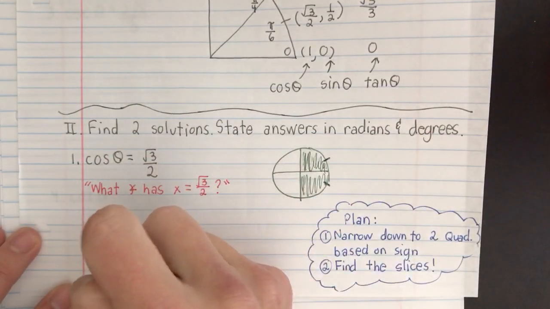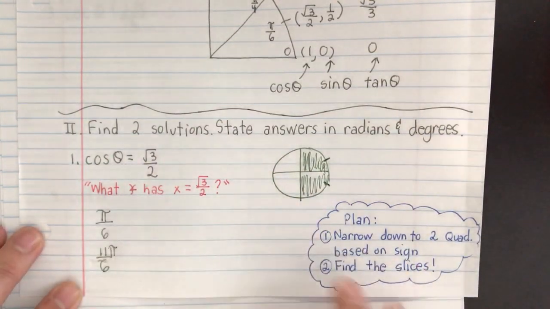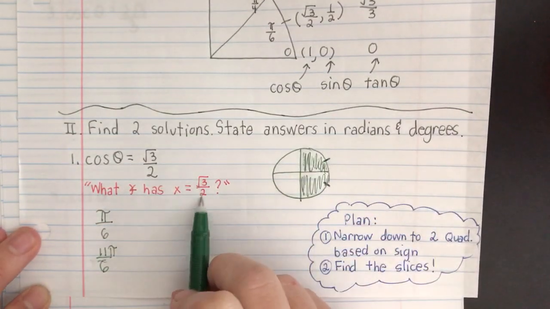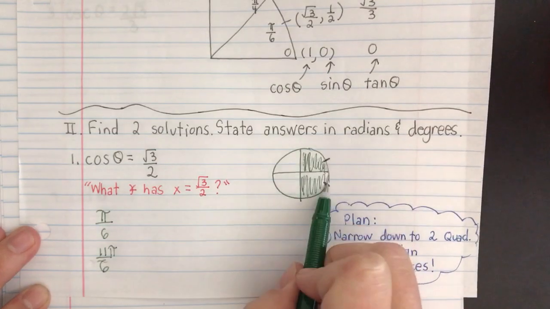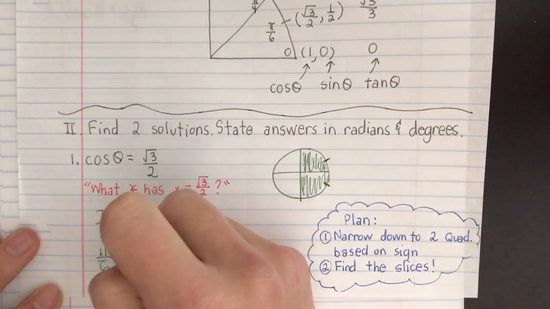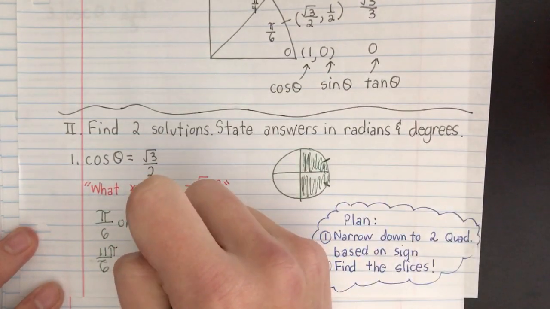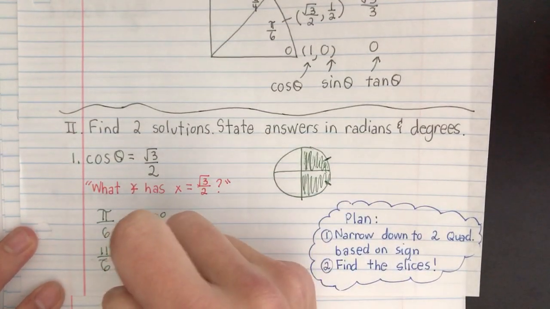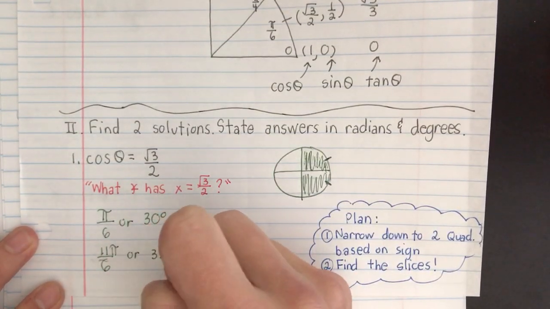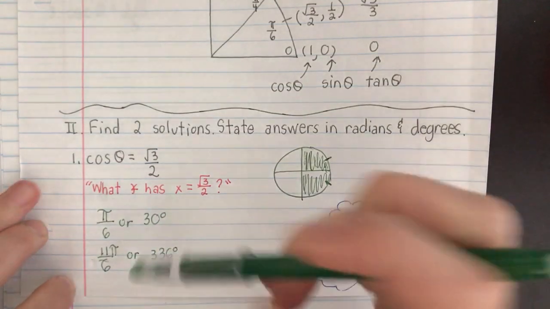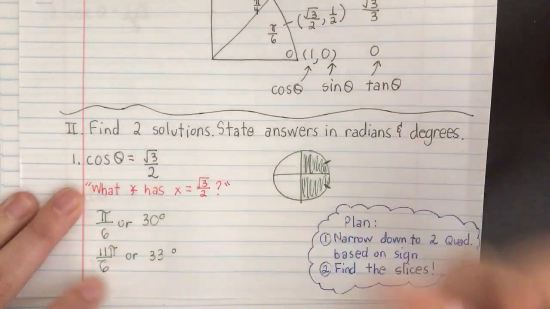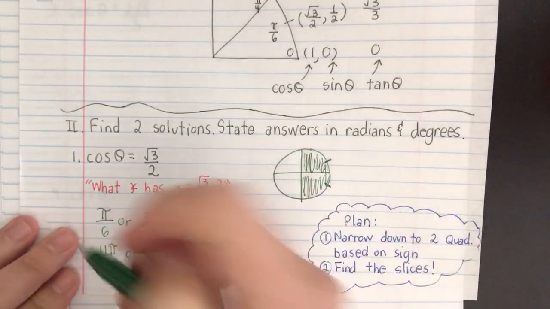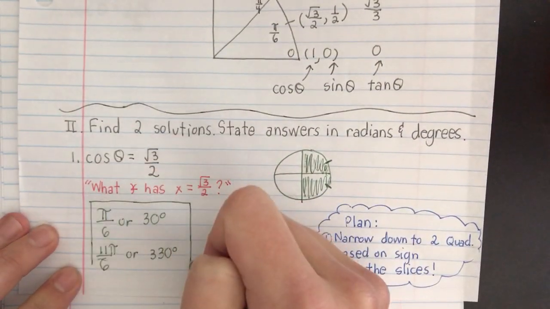Those are your 2 pieces of the unit circle that have an x value of square root of 3 over 2. This piece and this piece. So pi over 6 is 30 degrees, and 11 pi over 6 is 330 degrees. All right, so this is our answer for number 1.